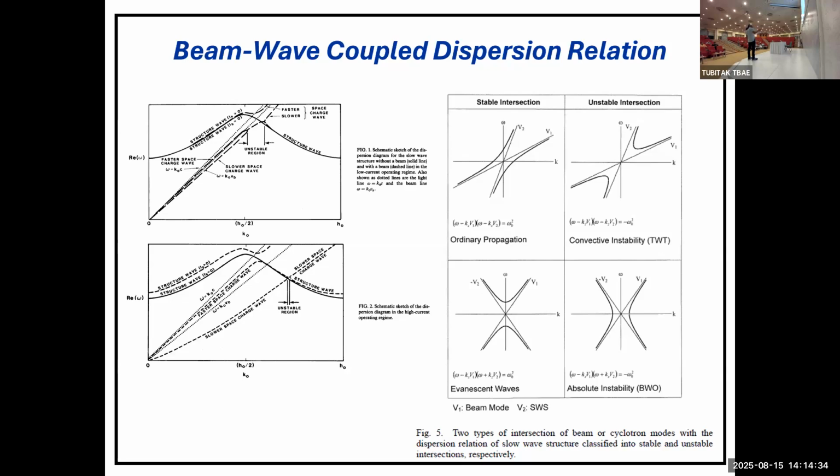This one is called convective instability for a traveling wave tube. For a backward wave oscillator, BWO, it is called absolute instability, as the wave grows everywhere. That's kind of an advanced topic for microwave engineering or microwave tubes.